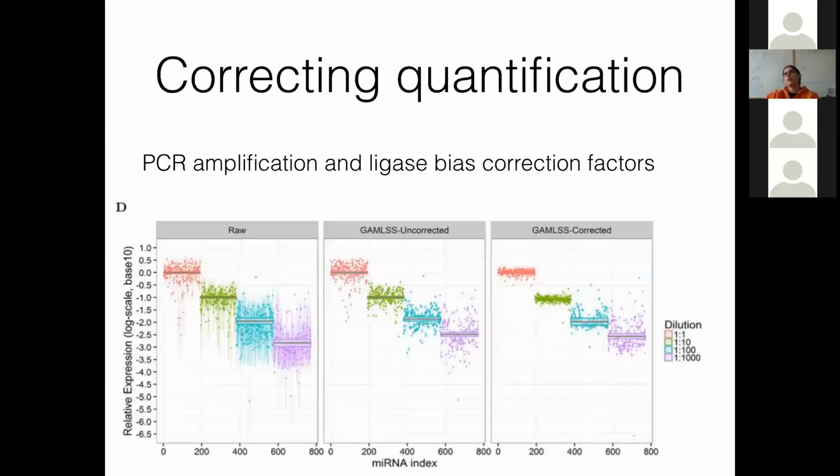And if you add factors for the PCR amplification and ligase bias, you get a nicer estimation of the expression. The only problem with that is that for the ligase bias, you need to actually have a pilot experiment to learn from that.